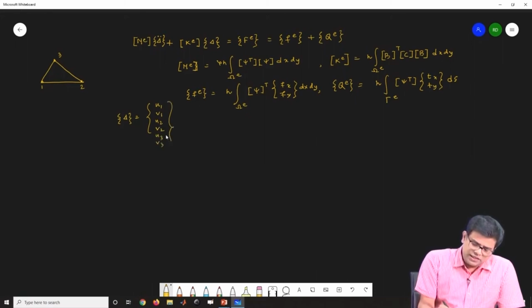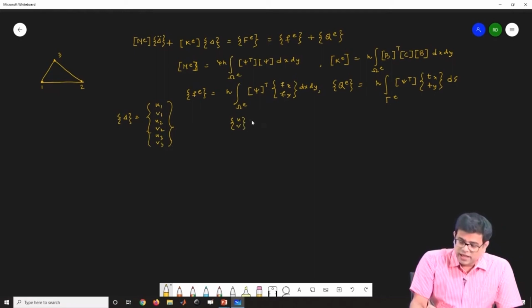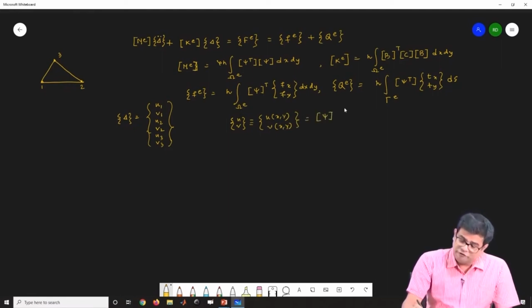These 6 degrees of freedom make up delta. Now u and v are functions of x and y, and this is represented by the shape function matrix psi into delta.